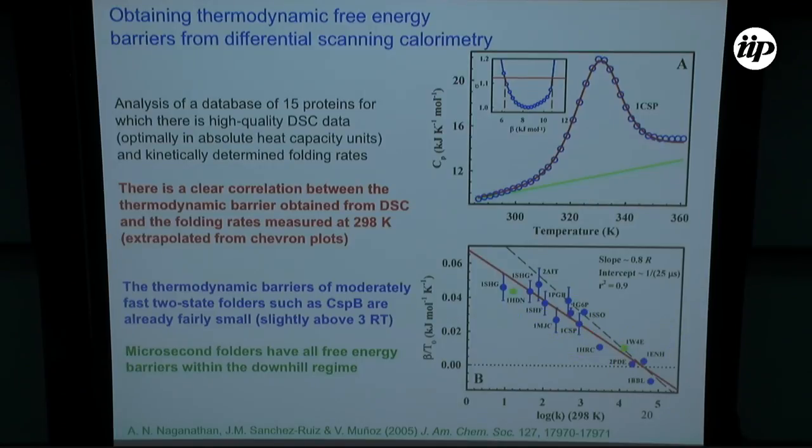Okay. So what you get from here is basically the same kind of behavior. These are two different ways of looking at experimental data. In both of them, they tell you that barriers for folding are relatively small, typically in the order of a few kT at most. Okay. And again, this, which from the point of view of simulations is relatively easy to figure out, from an experimental point of view was not clear.